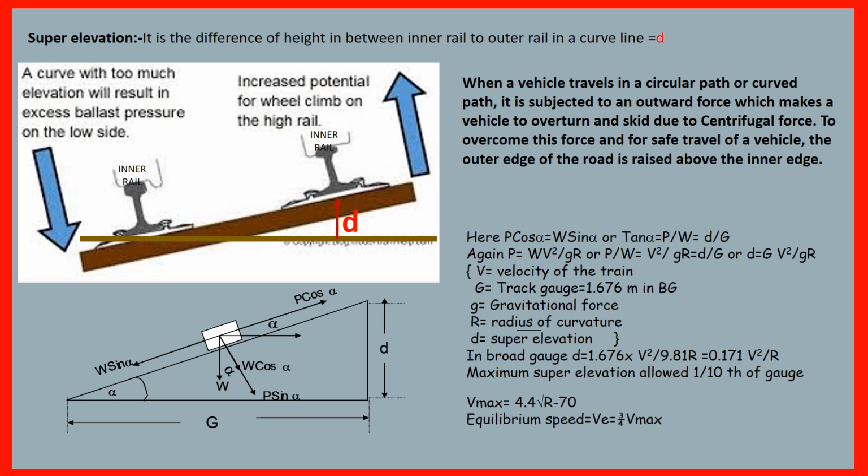That means due to centrifugal force, the train or a locomotive on a curved track has a tendency to go out from the track, and to resist it, the outer track is raised, and the amount of this raising from the inner track is called super elevation.